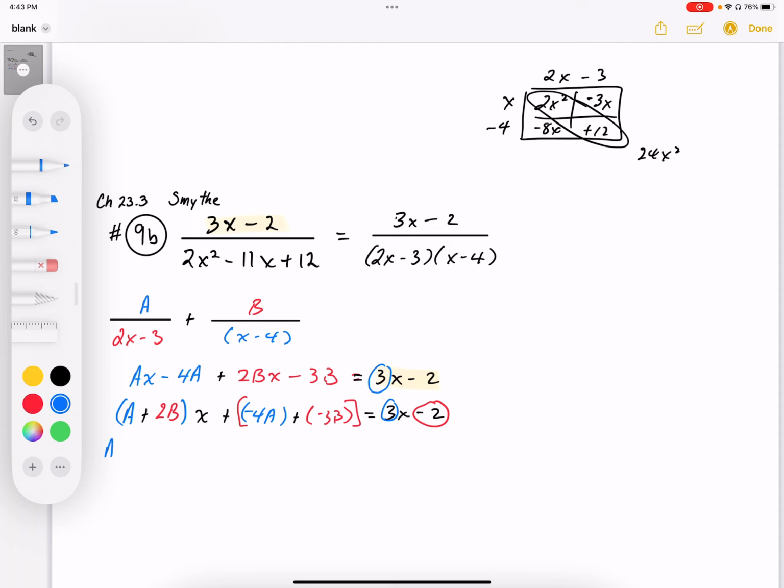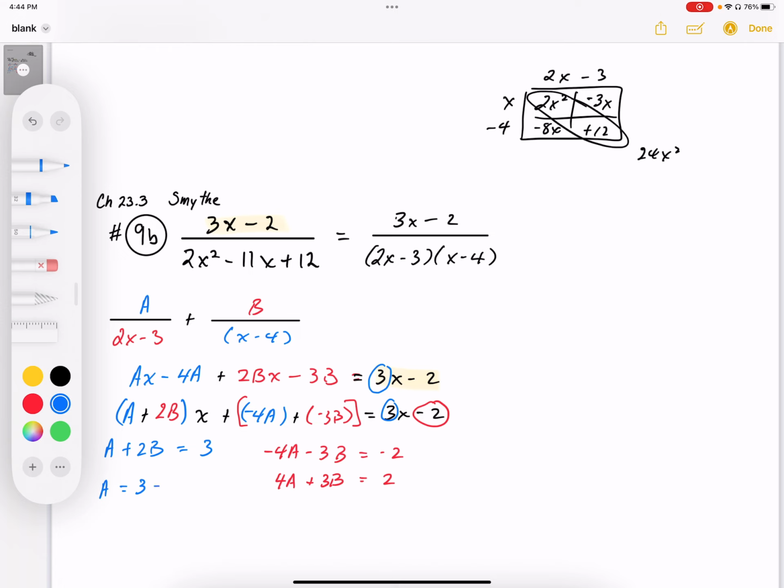I have A plus 2B; the coefficient on x is equal to 3. My other equation is going to be negative 4A minus 3B equals negative 2, which I'm going to simplify to 4A plus 3B equals positive 2. To solve this, we should just move the 2B to the other side.